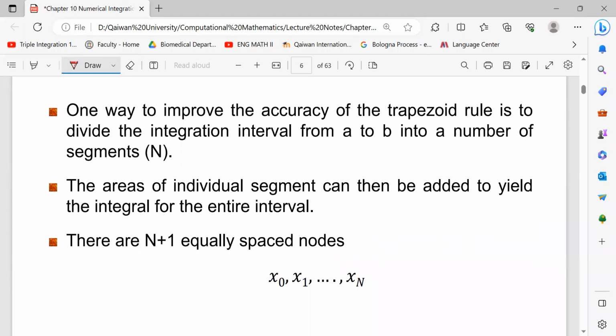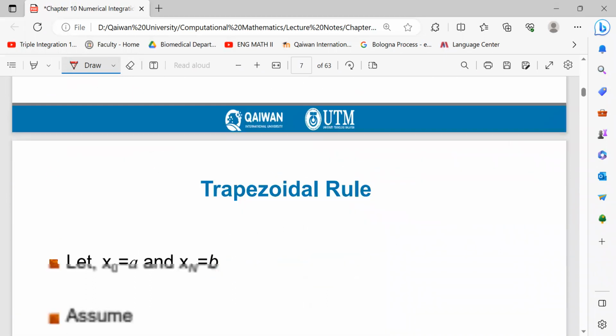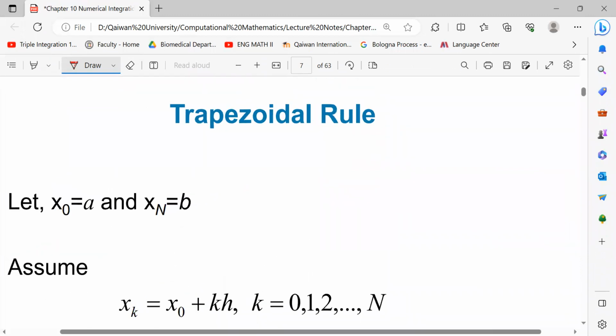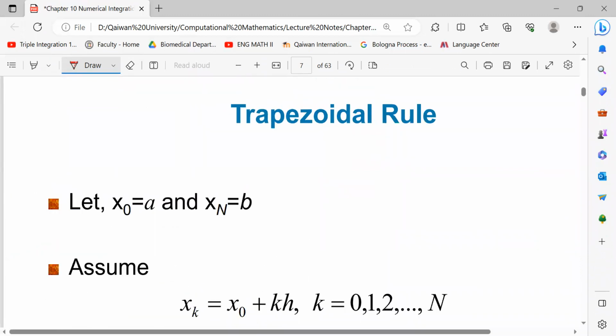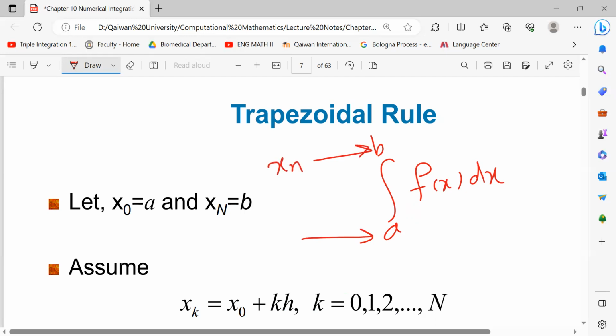What we do here? We say x naught, to find the integration of f of x dx from a to b. x naught is a, xn is b. x naught is the lower limit of our integration, and xn is the upper limit of our integration.